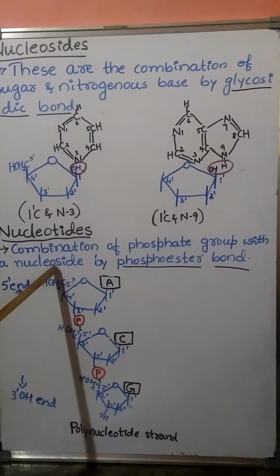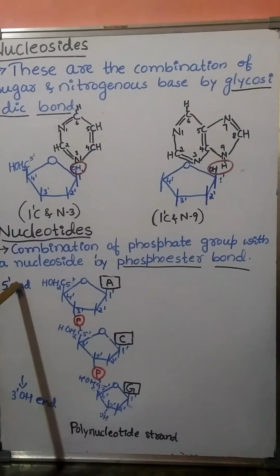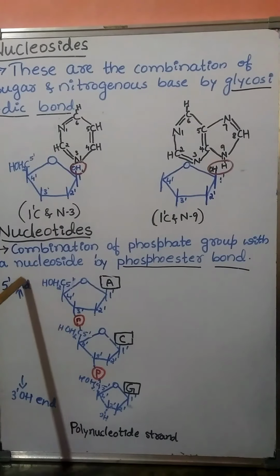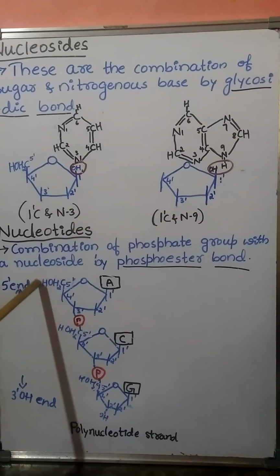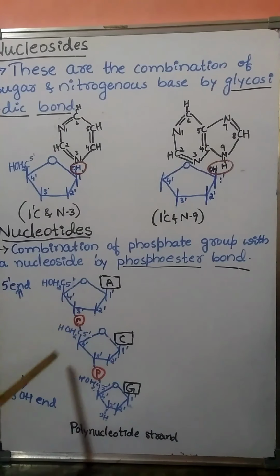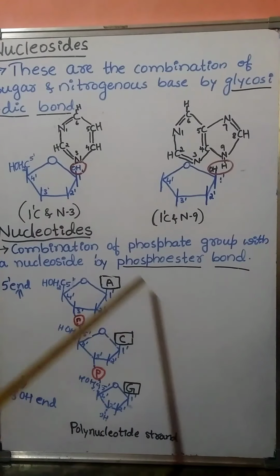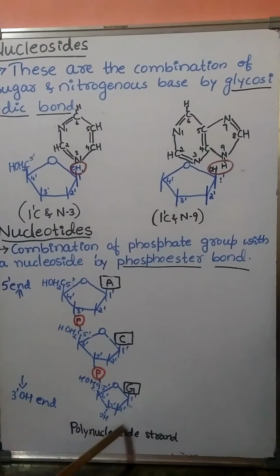One end is called the 5' end, having a free OH group at the 5' carbon, and the other end is called the 3' end, containing a free OH group at the 3' carbon. So this is about nucleotides. Like this, a polynucleotide strand is formed.